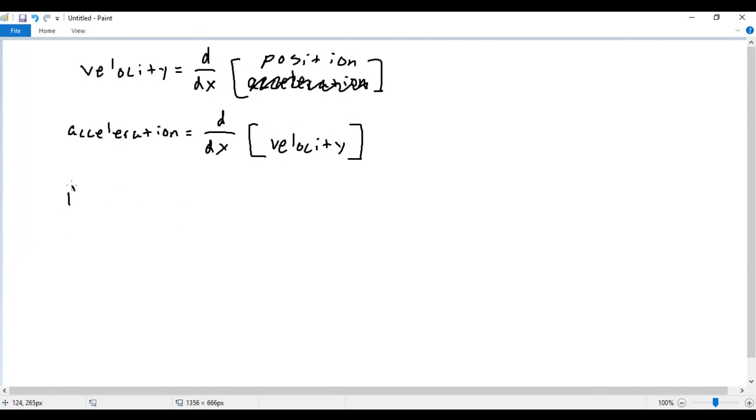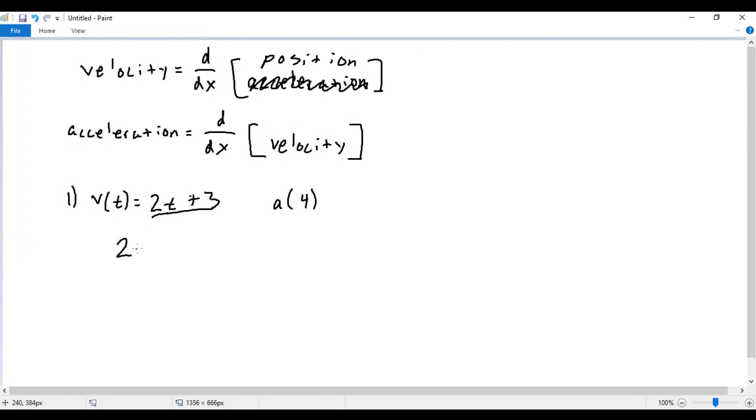So, for instance, if you have a velocity function that's 2t plus 3, and let's say we wanted to find the acceleration at time t equals 4, all we would have to do is take the derivative of our velocity function.